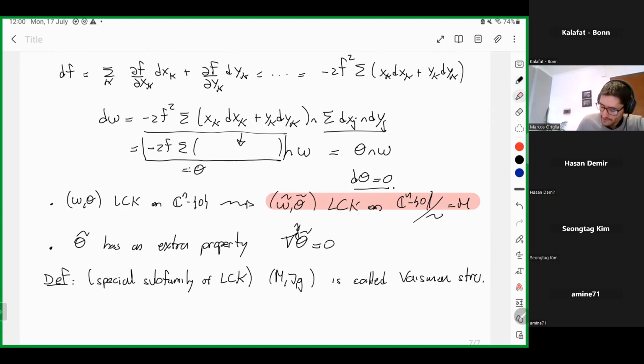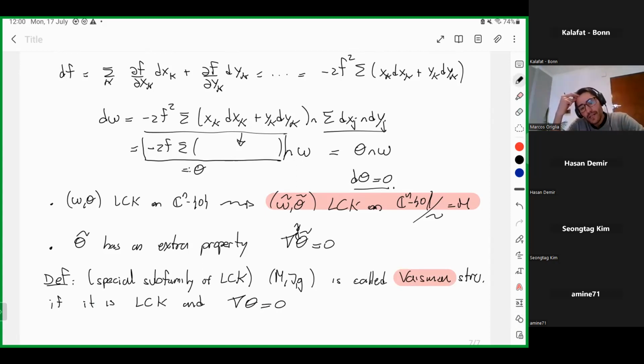It's called Vaisman if it is LCK and the Lee form is parallel with respect to the Levi-Civita connection associated to the metric g we have. And indeed, these Vaisman manifolds are always strictly LCK.